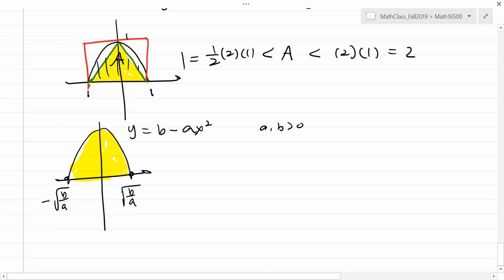Okay, then you divide them into n equal parts, and you can do exactly the same problem. Okay, and you get Riemann sums, so you get an area for that region.